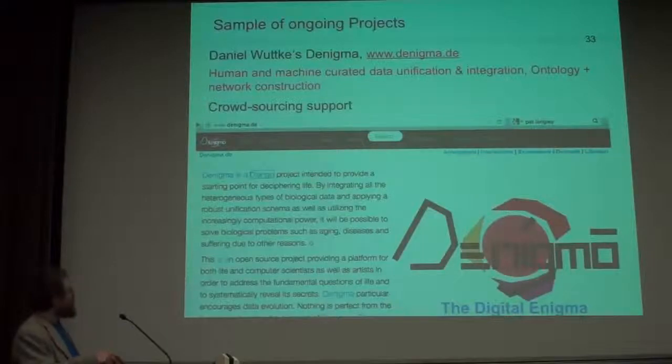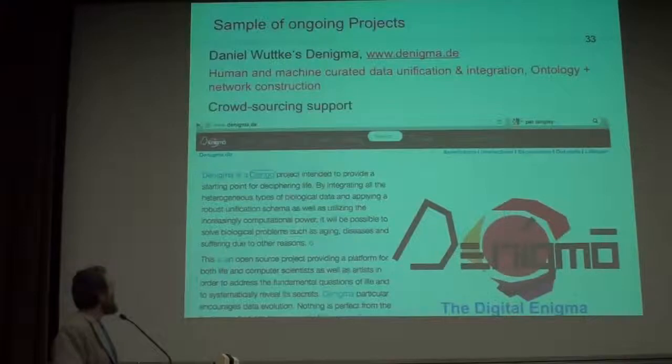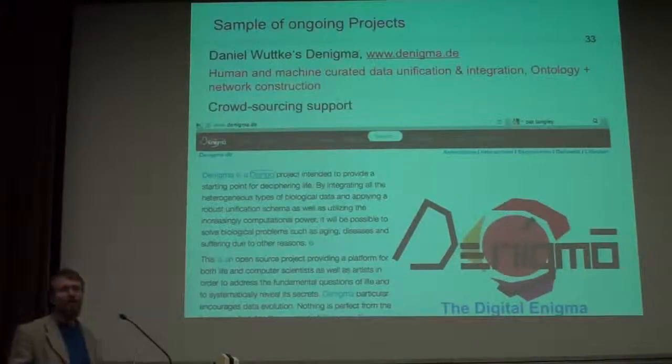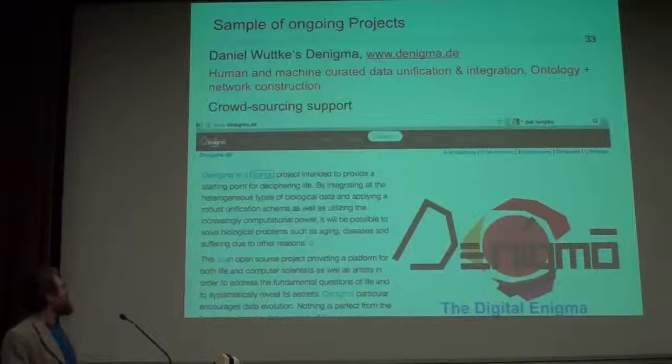Maybe with this Django website, everybody can join in. And I would propose that Daniel Wuttke is really one of the people who is best poised and qualified to be one of the drivers of such a project.